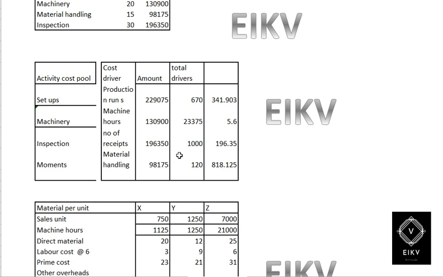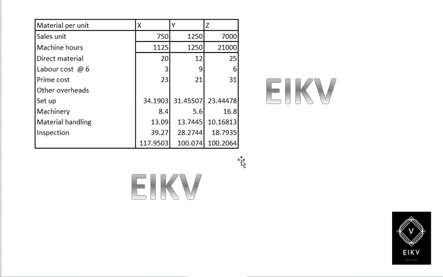Next one is material handling. The cost driver is the number of material movements. The total cost is 98,175. The number of movements is 120. Therefore 98,175 divided by 120 will give 818.